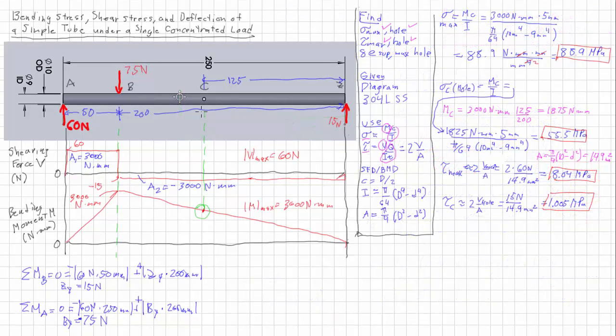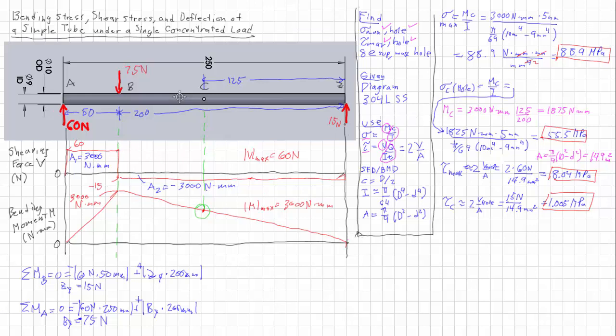So to summarize, we started off with a surgical tool that was in bending, and we assumed some geometry and some loading and solved for the reactions and found our maximum shearing force and the shearing force along the beam, as well as the bending along the beam.